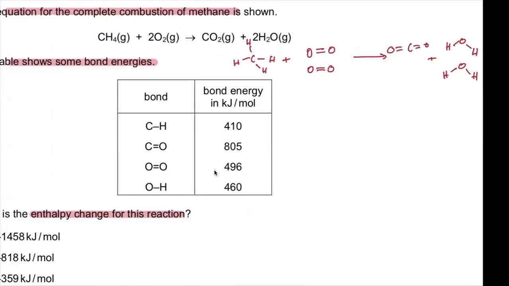So if you recall the enthalpy change expression, enthalpy change is equal to bond breaking minus bond making, right? So if you see the bond breaking, there are 4 C-H bonds which are broken, and its enthalpy change is 4 times 410. Can anyone tell me the value? 1640.